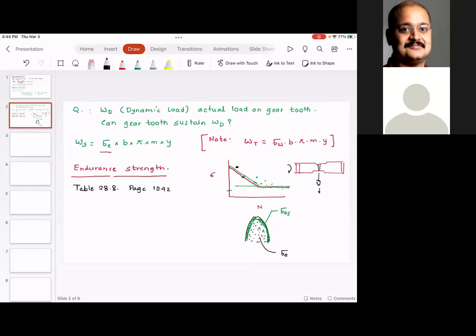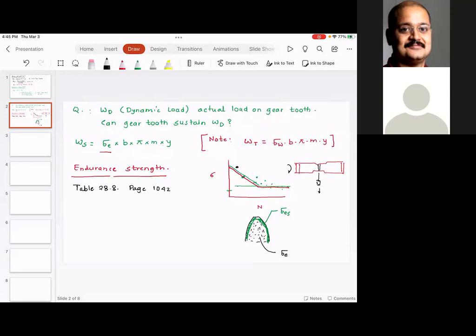There again, you have the exact same table, but with values of surface endurance strengths. So one table gives you the flexural endurance strength, and the other table gives you surface endurance strength. The two columns on the left are the same, but the column on the right is different. Table 28.8 is flexural endurance strength, and 28.9 is surface endurance strength.